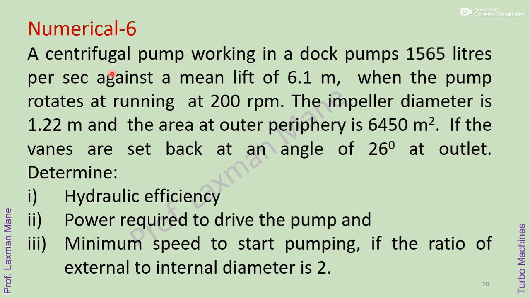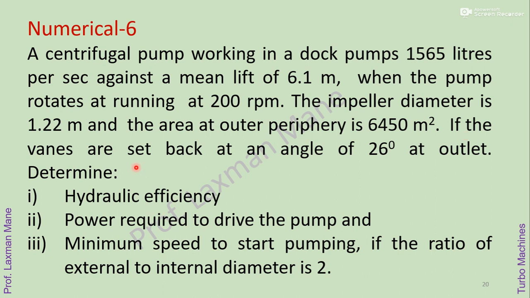This is the last numerical, in which a centrifugal pump working in a dock pumps, means discharge 1565 liter per second against a mean lift of 6.1 meter. This is manometric head. When the pump is running at 200 rpm, the impeller diameter is 1.22 meter and the area at outer periphery is 6450 centimeter square.